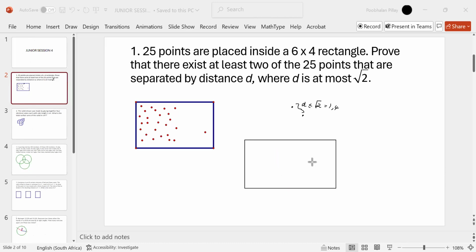You've got more points than the area. Let me just bring the 24 into this scenario, and to bring it in, I'm going to divide this thing into its unit squares. You've got 6x4, so this is 4, and this is 6. So let's divide this up into 6 there.